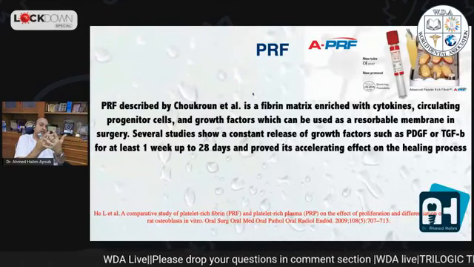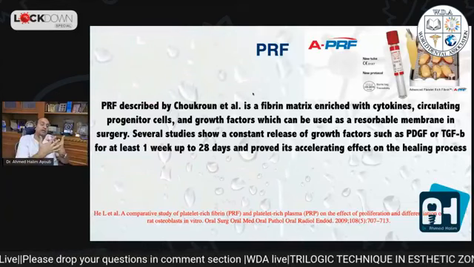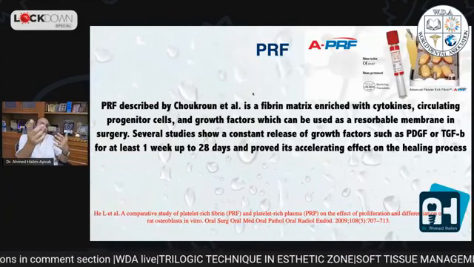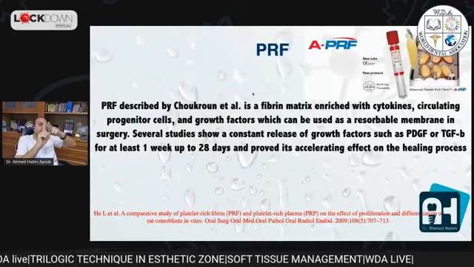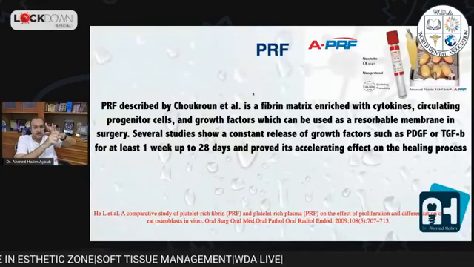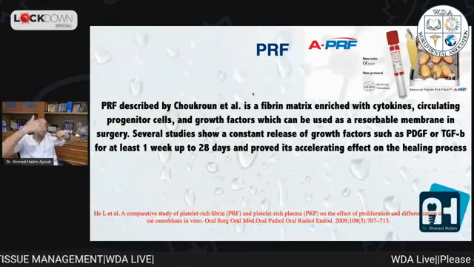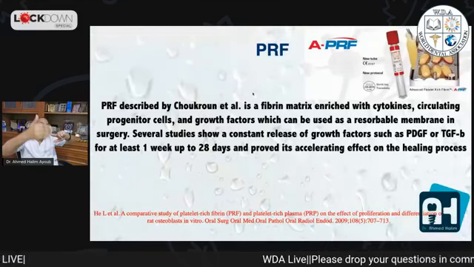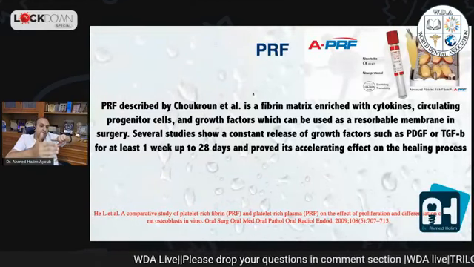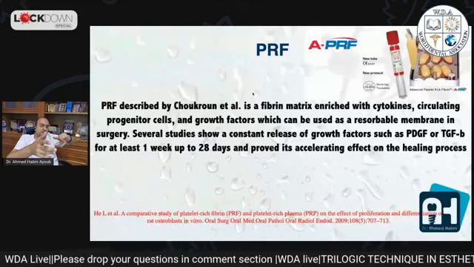Inside this fibrin network, what do you have? You have white blood cells, platelets, and mesenchymal stem cells. Platelets and white blood cells secrete cytokines and growth factors.